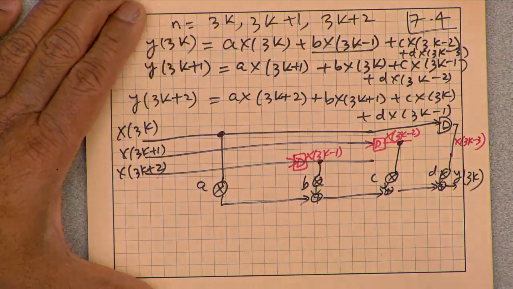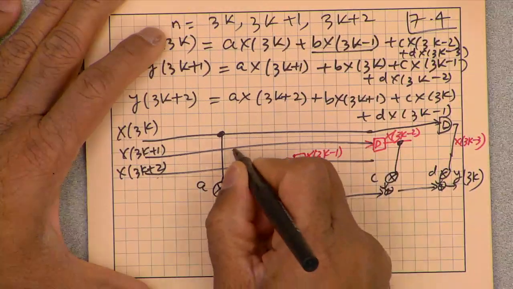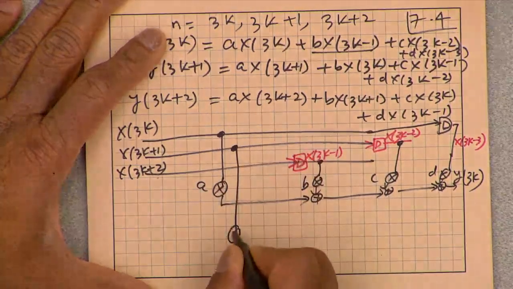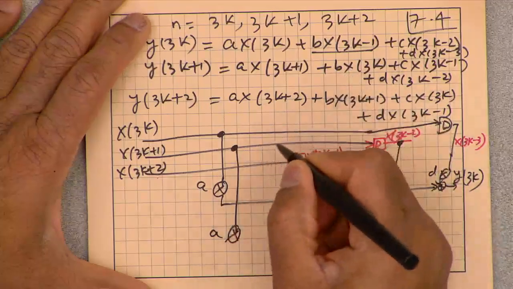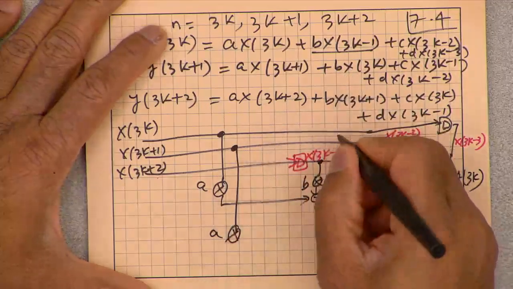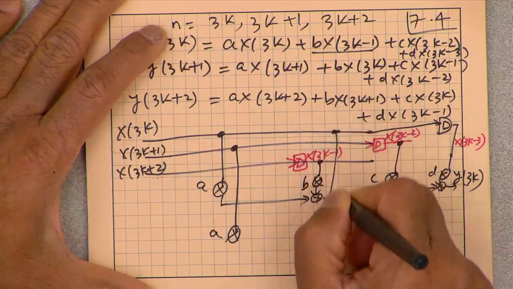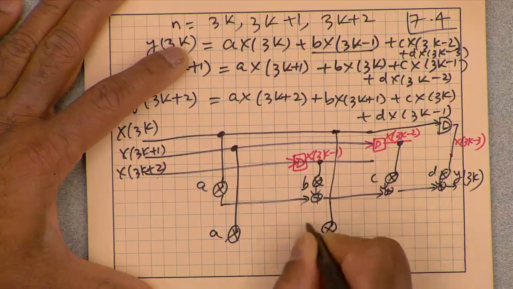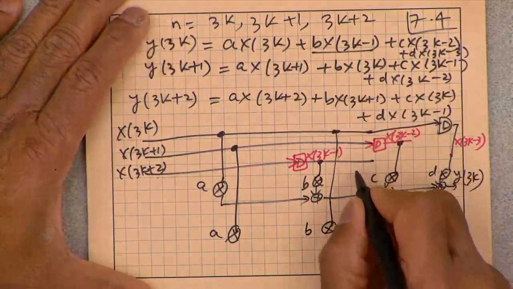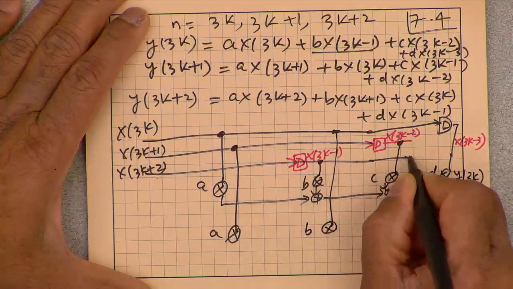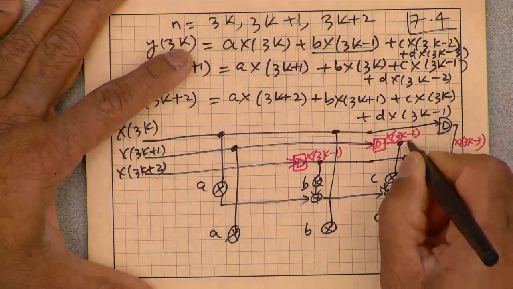Okay. So what about 3k plus 1? So that is a times x 3k plus 1, plus b times x 3k, plus c times x 3k minus 1, that was here, plus d times x 3k minus 2.